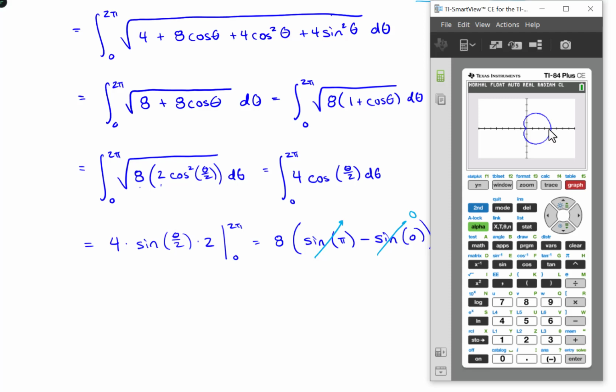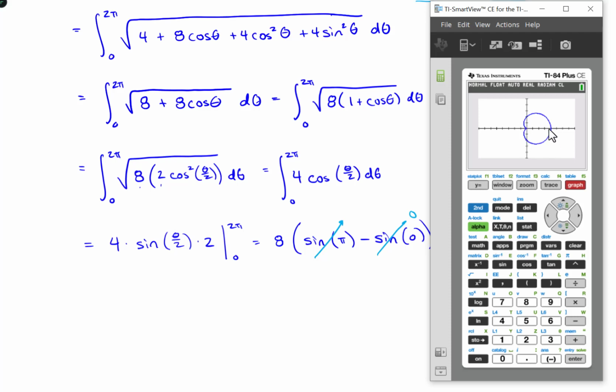Now, the thing is, what's happening is with arc length, we're basically getting some negative values that are canceling out. So we have to be maybe a little bit more careful and rely on symmetry sometimes with these arc lengths of polar coordinate graphs. So I can see, this cardioid graph is definitely symmetric about the upper portion of the graph and the lower portion of the graph.